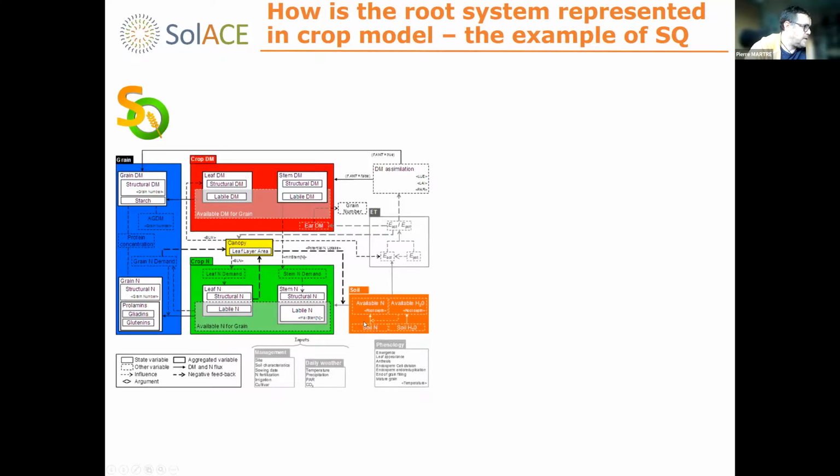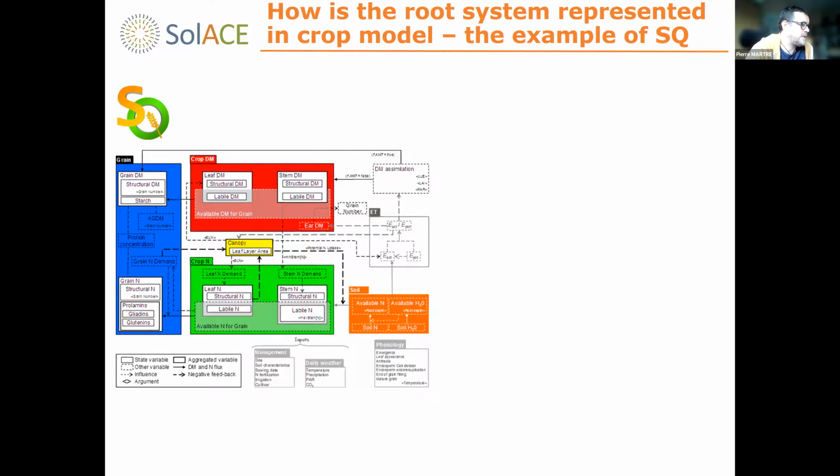What you can see here is that there is no compartment for the roots. Actually, it's hidden in the soil, because the description is not very detailed in most crop models. This is the example of a model called CROP quality, but it's the same for most crop models, where the root system is not really represented.